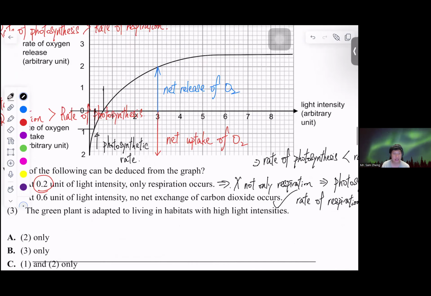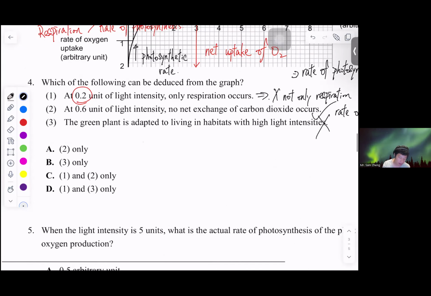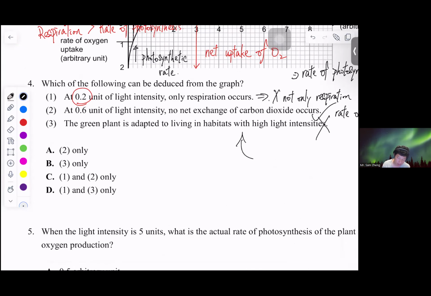So in this case, it would not be correct. This is also something that we cannot deduce, because there is nothing for us to compare to see whether this green plant is more adapted to an environment with a high light intensity.